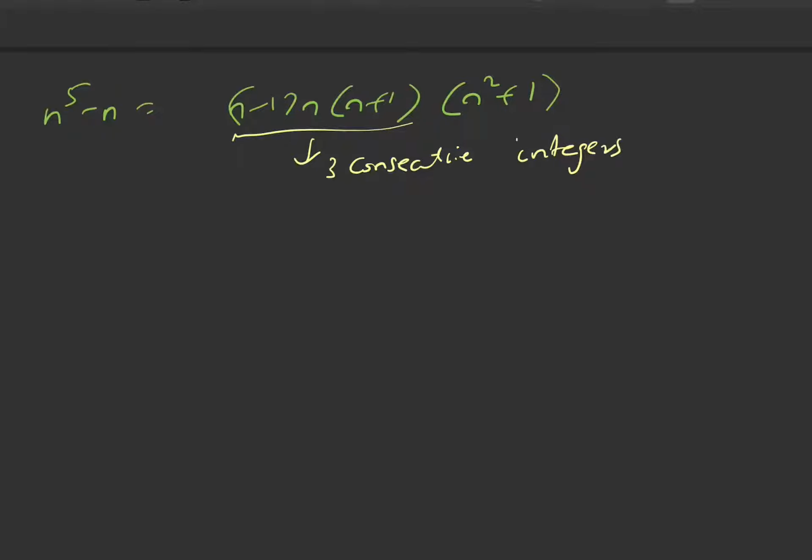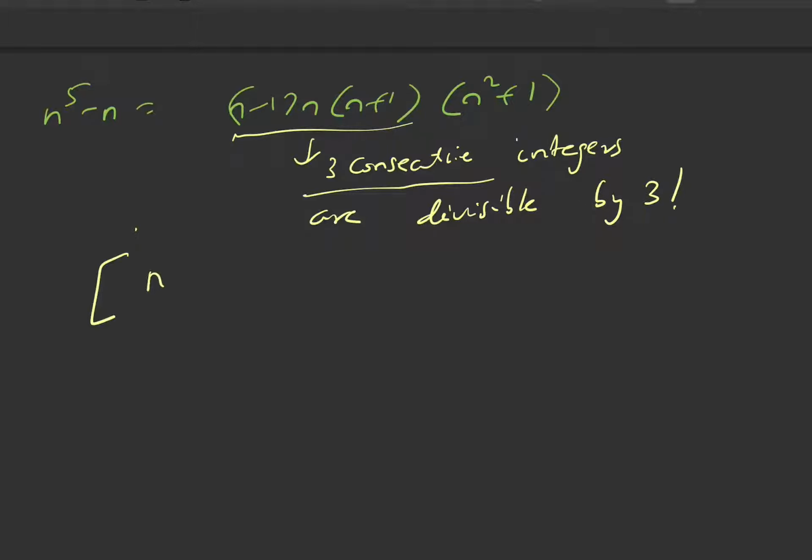And since there are three consecutive integers, definitely you will have at least one multiple of 2, one even number. Also you can see that three consecutive integers are divisible by 3 factorial. We have learned that the product of r consecutive integers is divisible by r factorial.